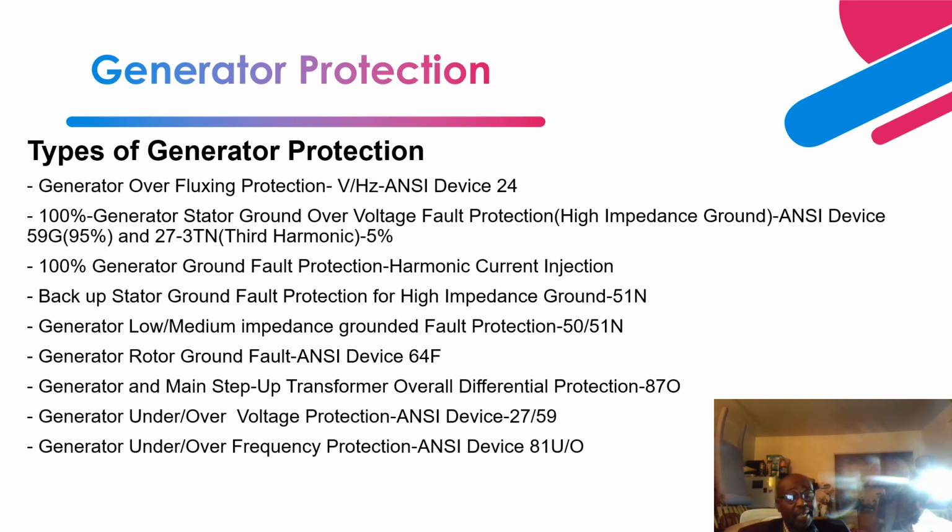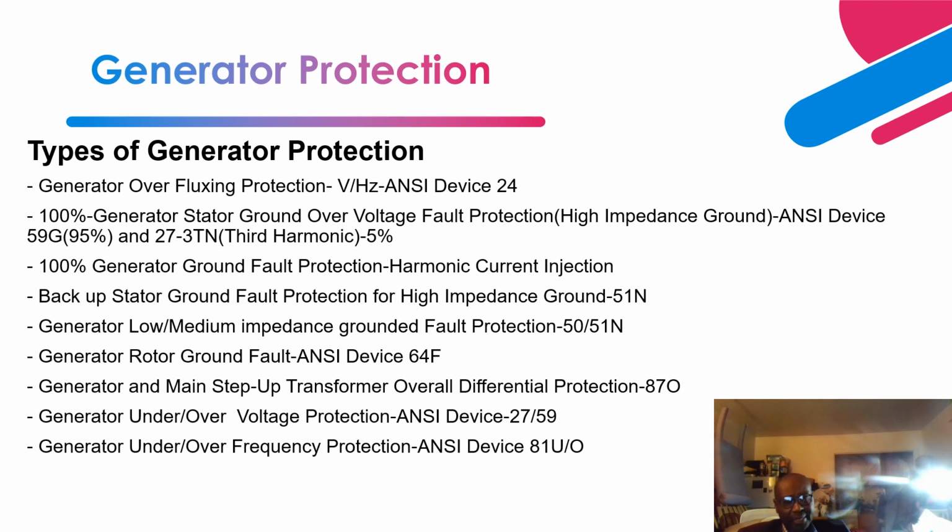That's how the generator stator ground is able to utilize this scheme, in addition to the 59G, to provide 100% stator ground for the voltage. You can also achieve 100% generator ground fault protection, and most of these schemes are utilized in nuclear complexes, where you have a harmonic current injection 64S element: you inject 25 hertz current into the stator, and then measure the corresponding voltage.